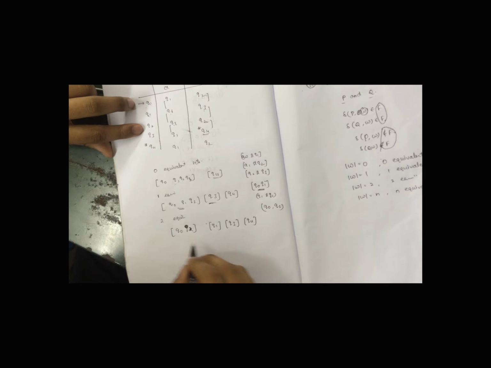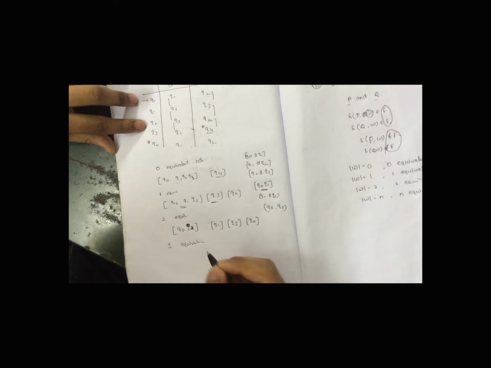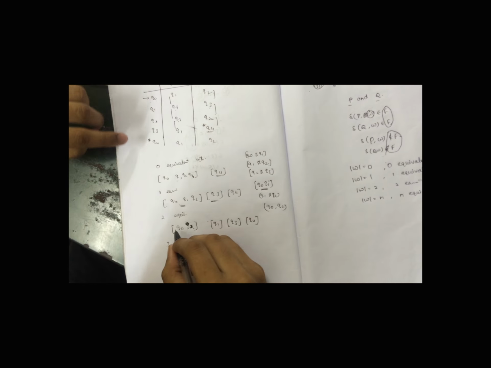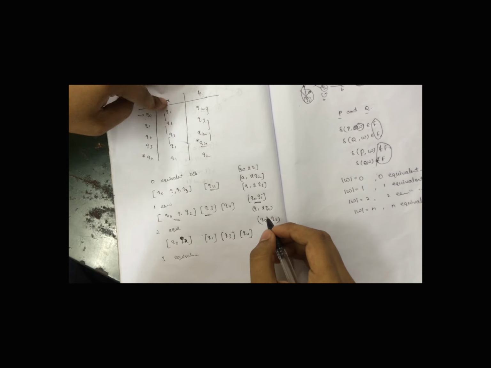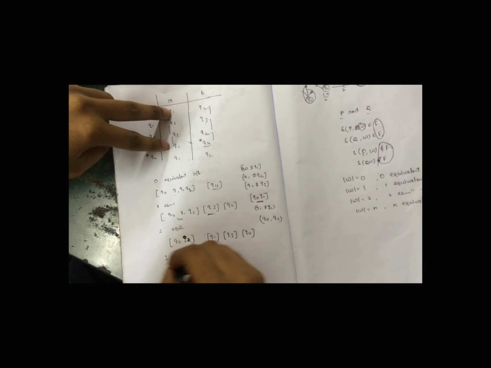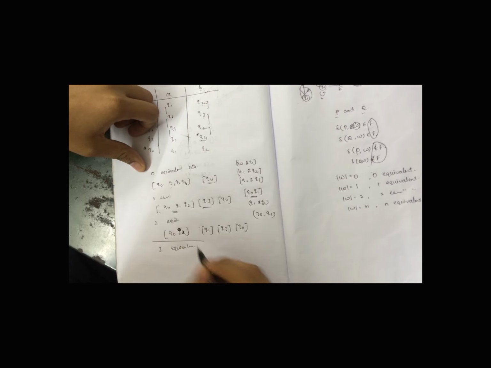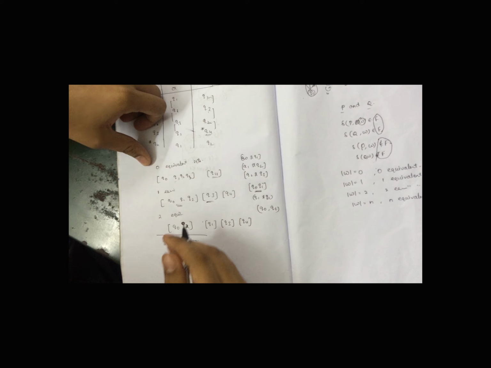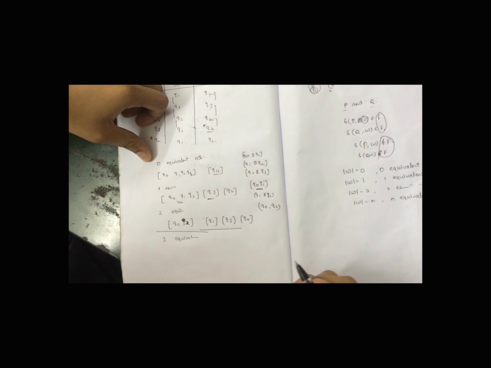So now for the third equivalence, if I consider q0 and q2 the same input A, they will be going to the same state, and B also they will be going to the same state. So we should stop here. And if we go on like n equivalents, you will be getting the same 4 states.